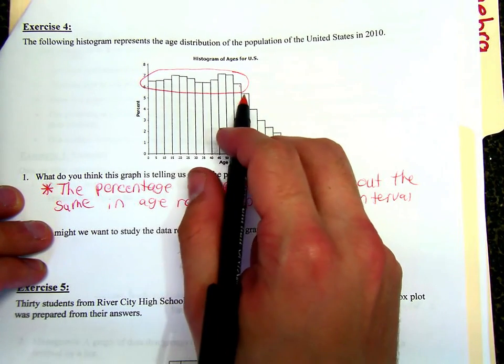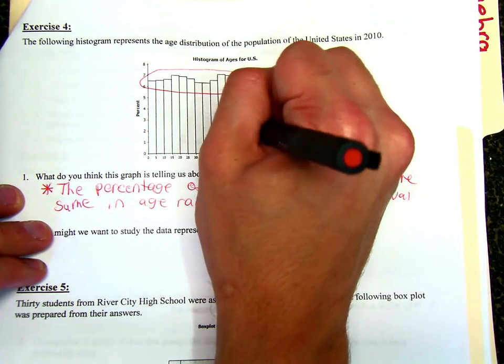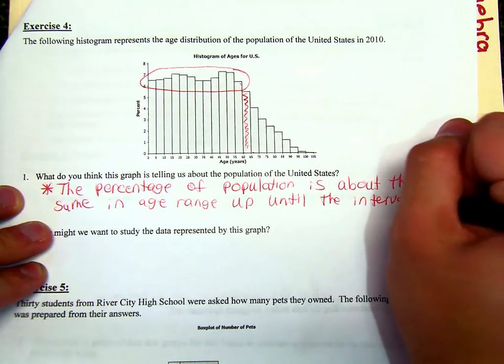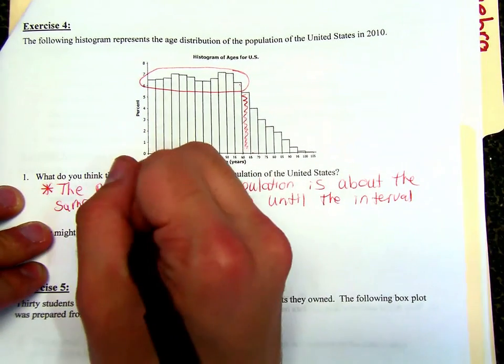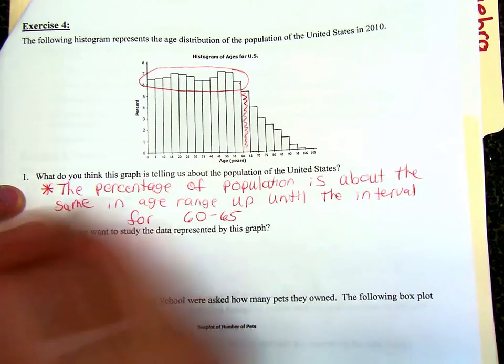That's when it starts to go down, in this interval right here. So in this interval is when it starts to decrease, between 60 and 65. So, until the interval for ages 60 to 65.